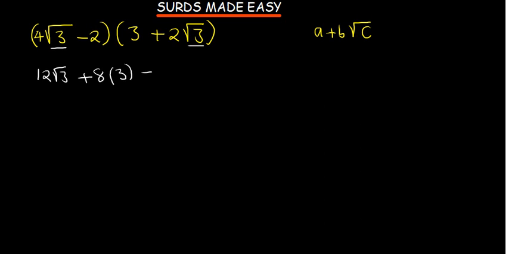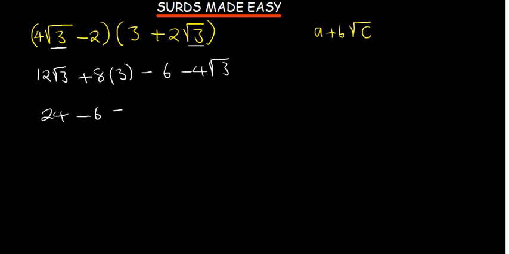Then negative 2 times 2 square root of 3, this negative 2 is supposed to multiply with this 2 which is outside, right? So that is going to give us negative 4, and then we've got a square root of 3. So all we do is we're going to pair up like terms. 3 times 8, that is a 24, right? And then we're going to put a minus 6 as like terms.